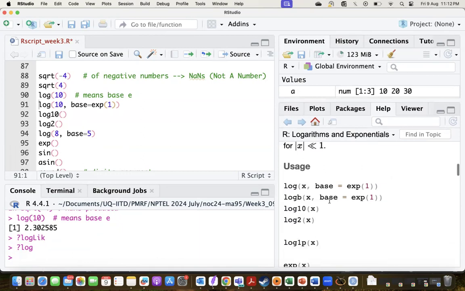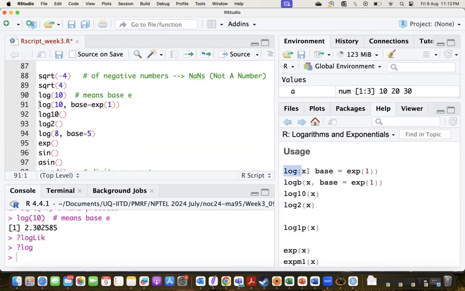So you can see here, you can have log. It accepts one input, which is the main numerical input. And there is another input, which is a named input. That's called base. And the base is where you can specify what the base should be.